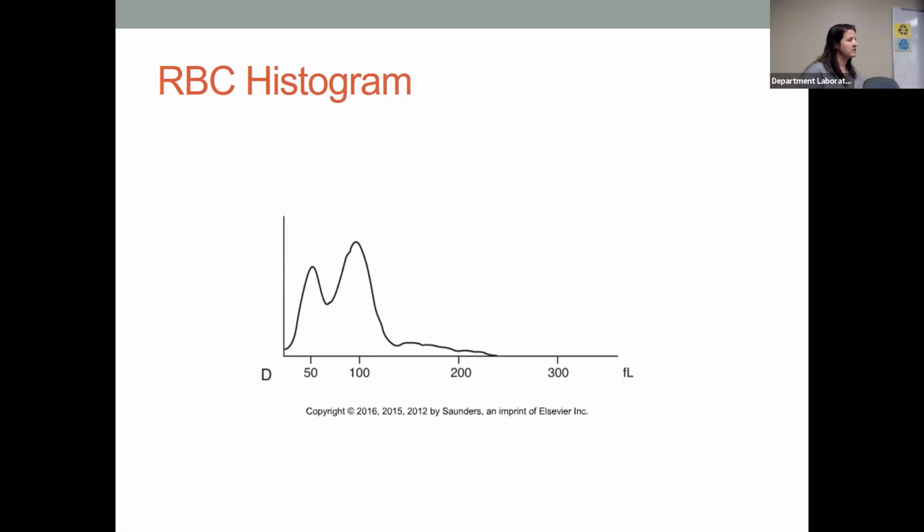Does anybody want to take a guess what those cells represent? What type of cells are pumped out of the bone marrow? Reticulocytes. Okay, so think about what happens in iron deficiency anemia after treatment.